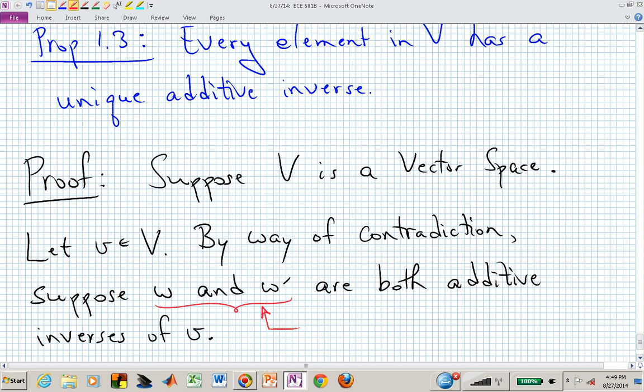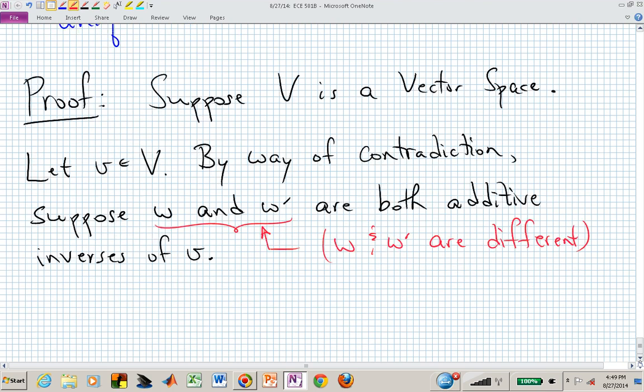That's why we have a W and a W prime. Those aren't the same, but they're both additive inverses of V. That means they're not B, where B is we have a unique additive inverse.